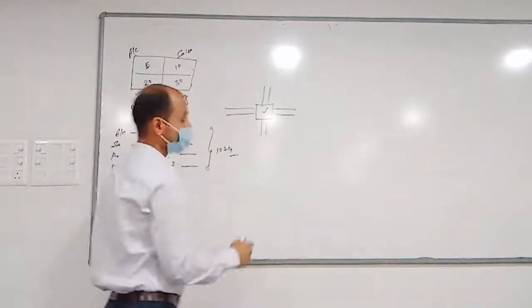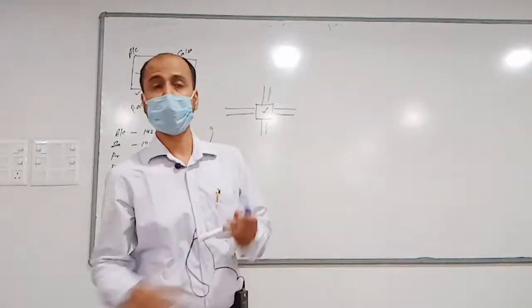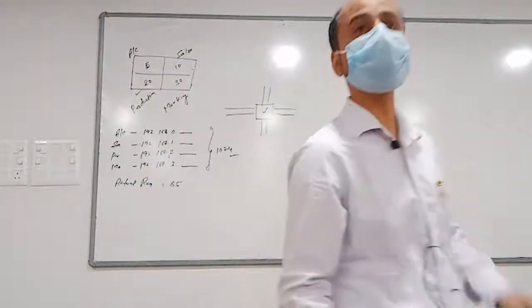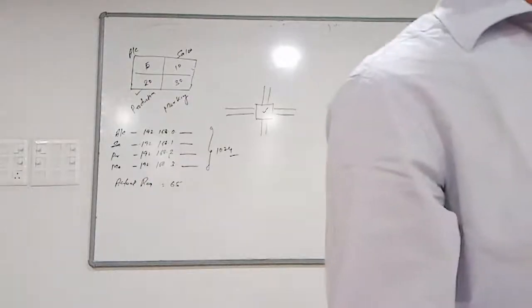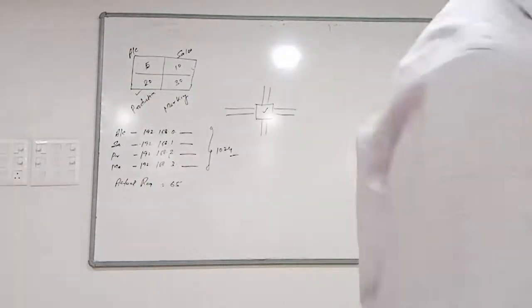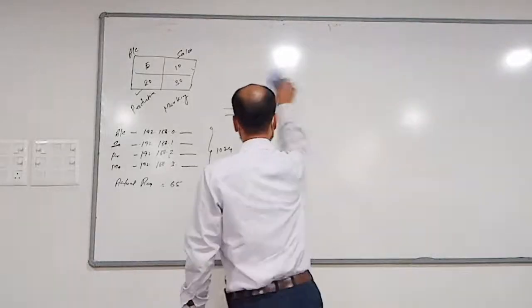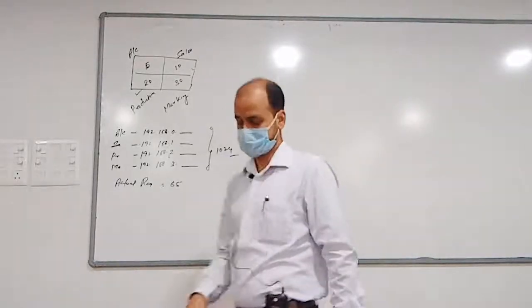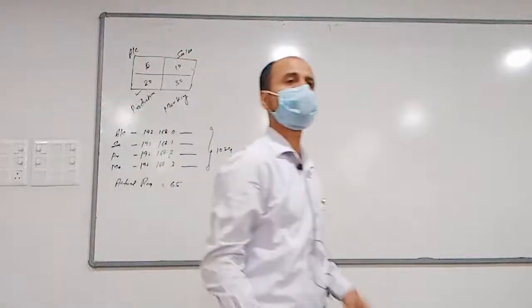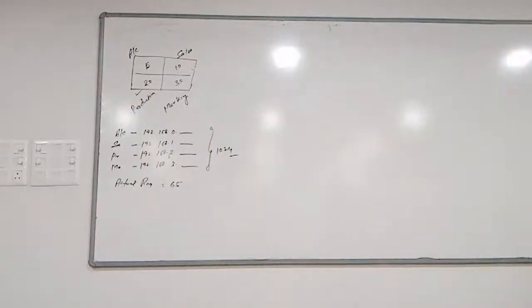I am going to use the concept of subnetting to reduce the wastage of IPv4 addresses. How? As you have all seen, in class A the default subnet mask is 255.0.0.0.